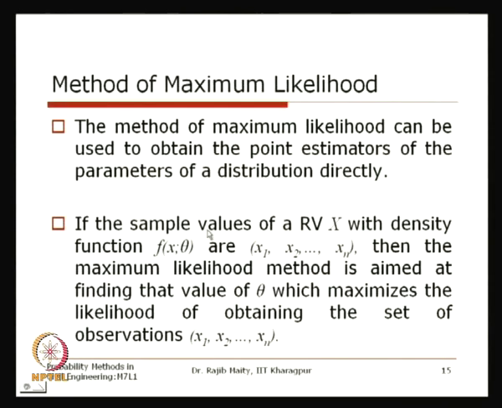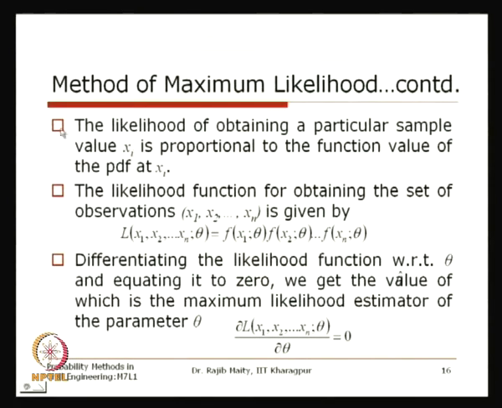Suppose we have a sample of values x1, x2, xn of a random variable x with density function f(x) and parameter theta. Then the maximum likelihood method is aimed at finding the value of theta which maximizes the likelihood of obtaining the set of observations x1, x2, xn. The likelihood of obtaining a particular sample xi is proportional to the value of the PDF at xi.